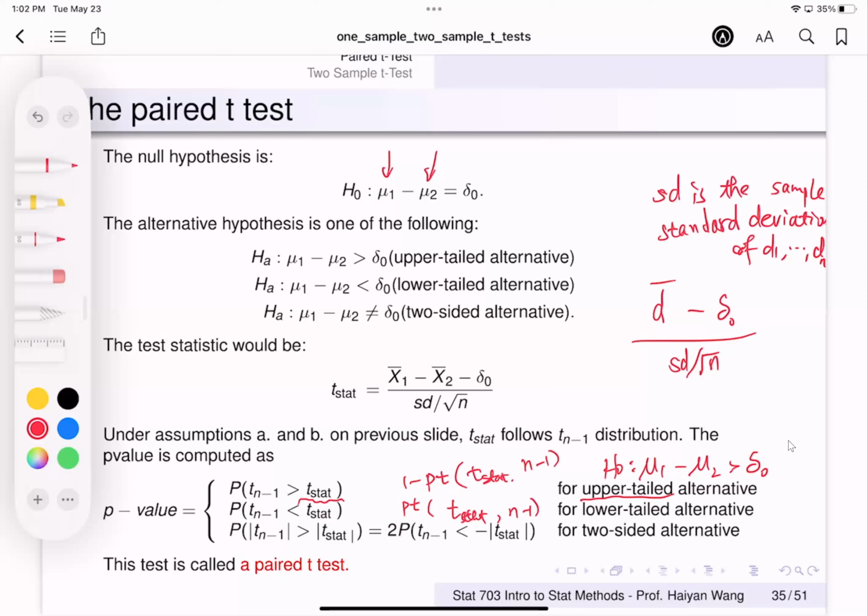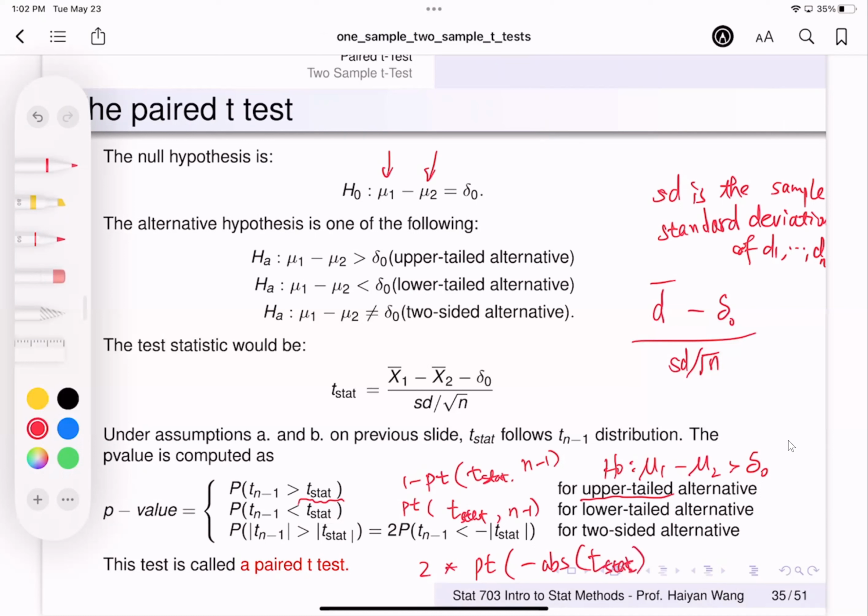For the two-sided test, we have both tails giving us the p-value, because when the average of the paired differences, d bar, is too large compared to delta_0 or too small, in both cases it tells us that it's extreme compared to the observed value. So to compute the p-value, you can use twice of pt, where we put in the negative absolute value of the test statistic.